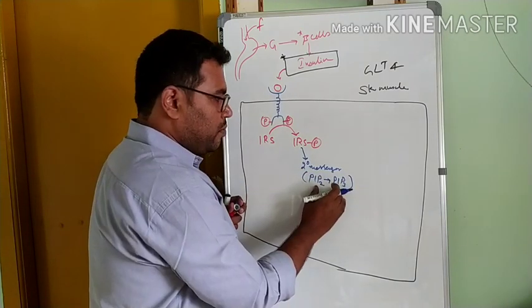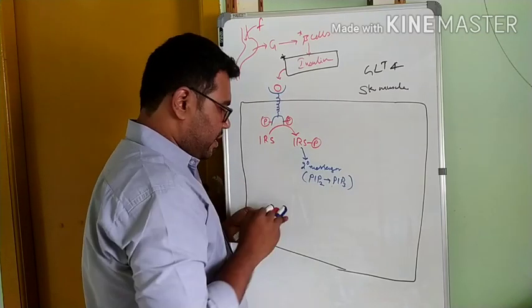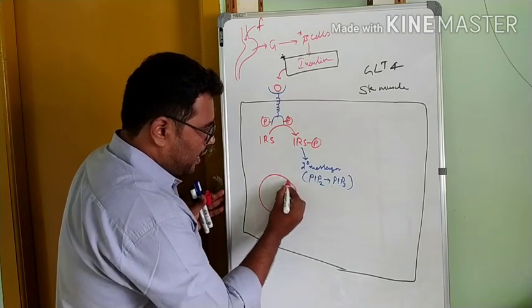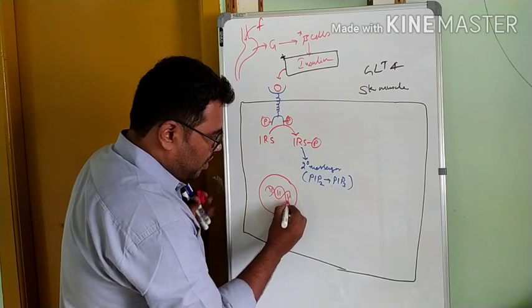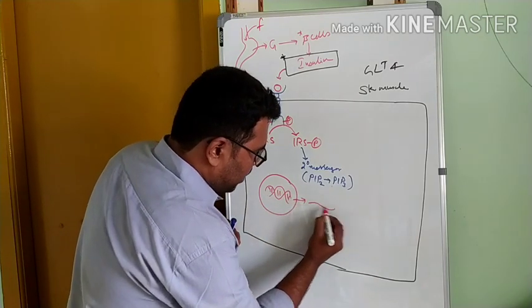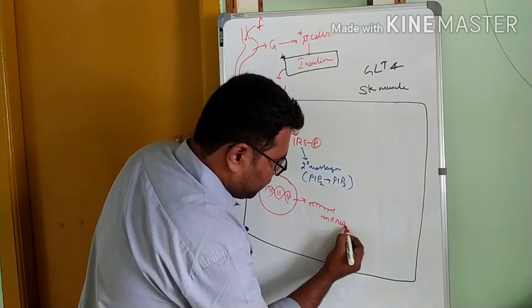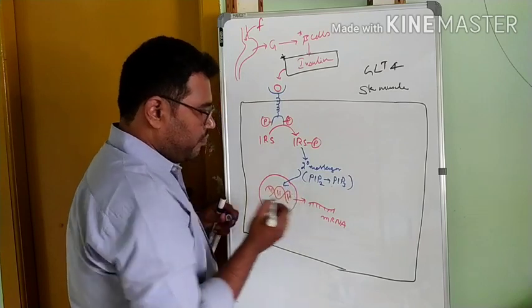So these secondary molecules will get activated. Whenever these secondary messengers get activated, they will influence the DNA for release of messenger RNA. So a specific mRNA is released with the help of these secondary messengers.